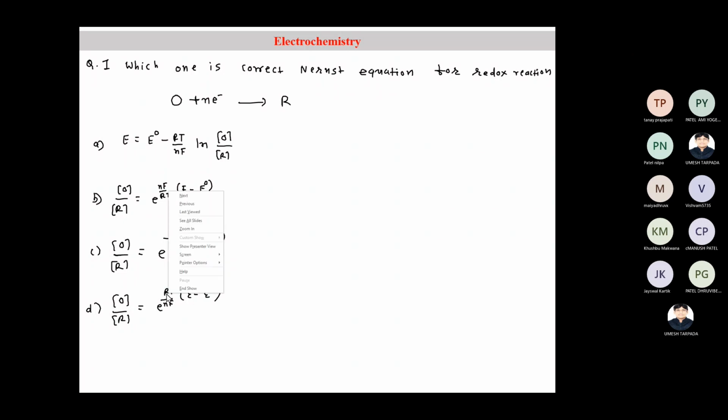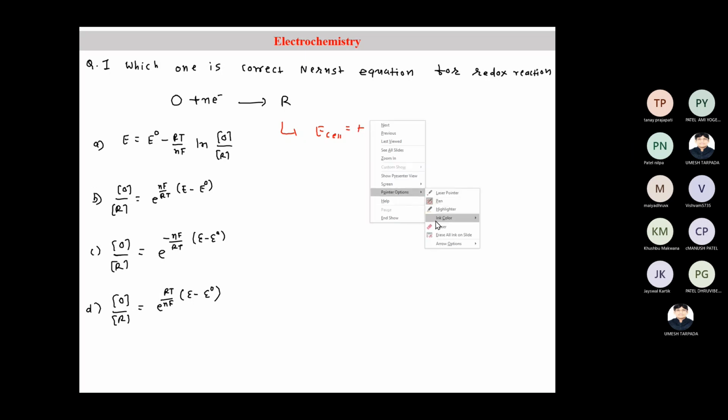How to write the Nernst equation for this one? First, E cell is equal to E standard, E0, good, minus RT by nF ln R by O, product upon reactant.